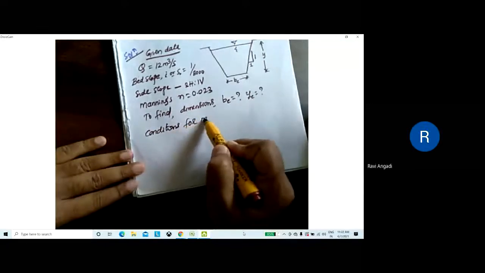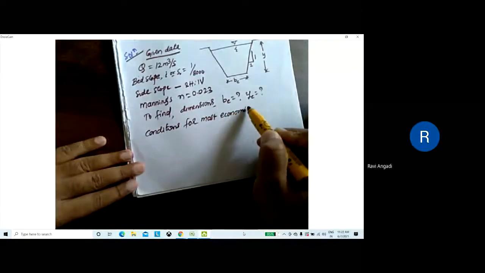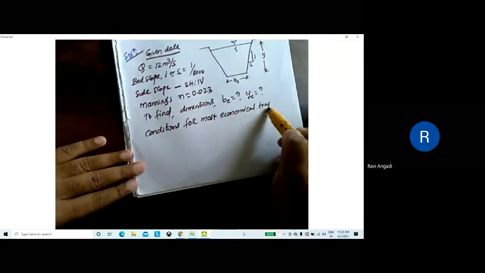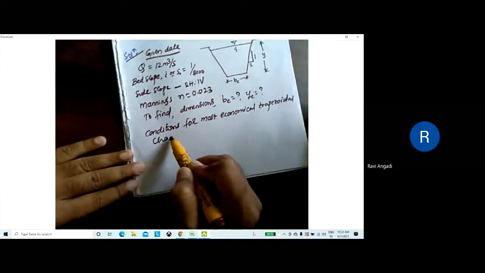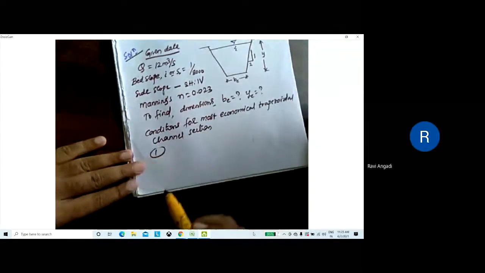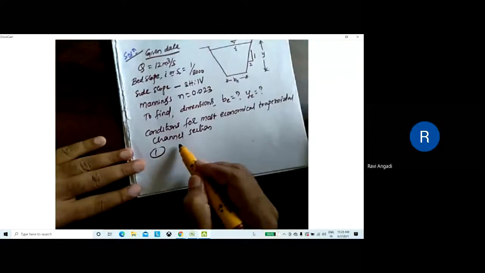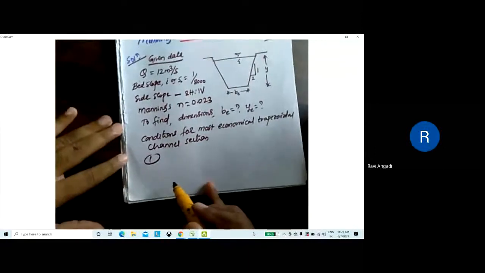Conditions for most economical trapezoidal channel section. Tell me what is the first condition?